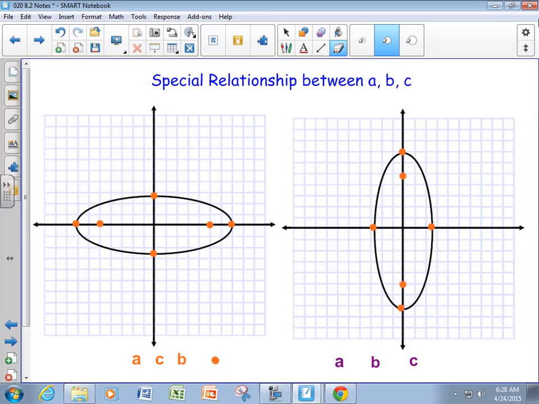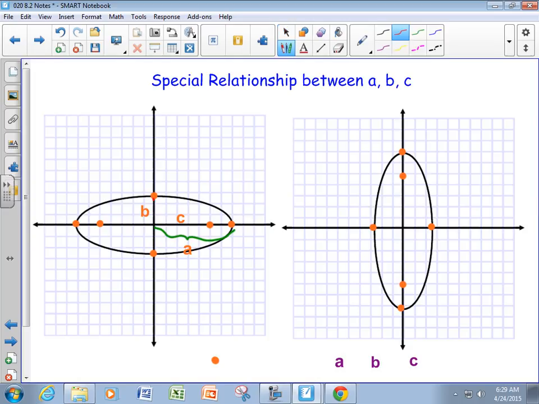So I want to show you a relationship right now between A, B, and C. So we know that from the center to the main vertex is A. This is our A. And we know that from the center to the co-vertice is B. And this C distance is the distance from the center to the foci.